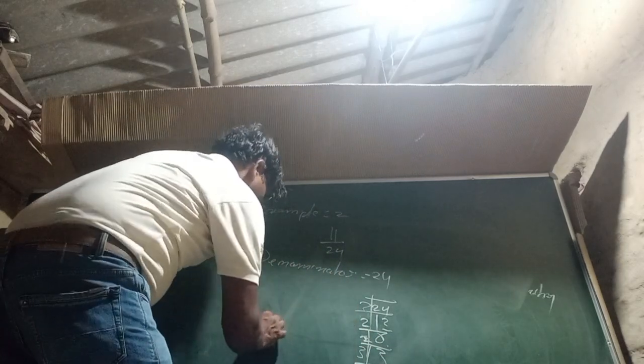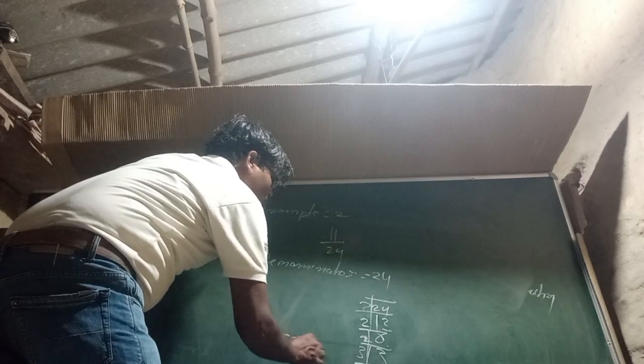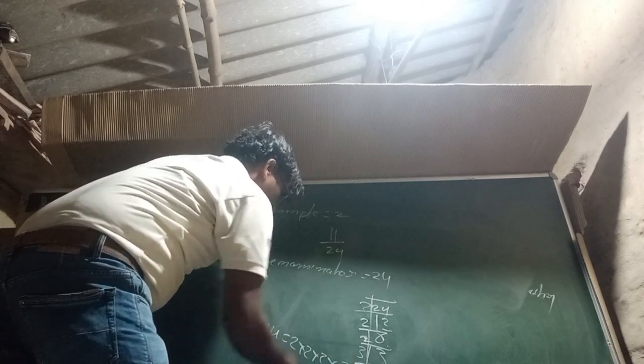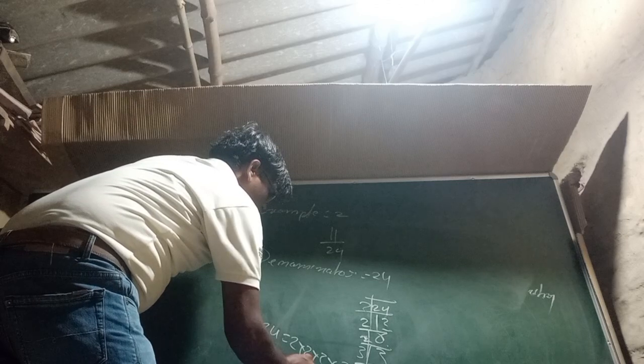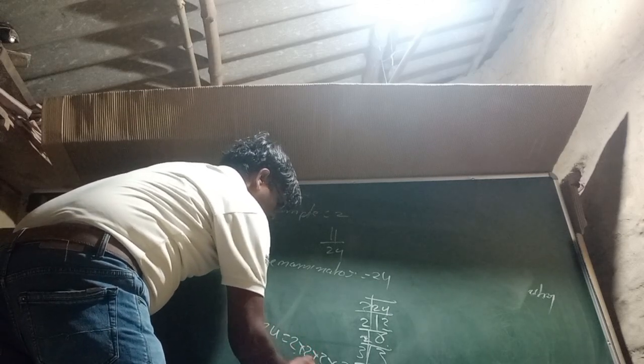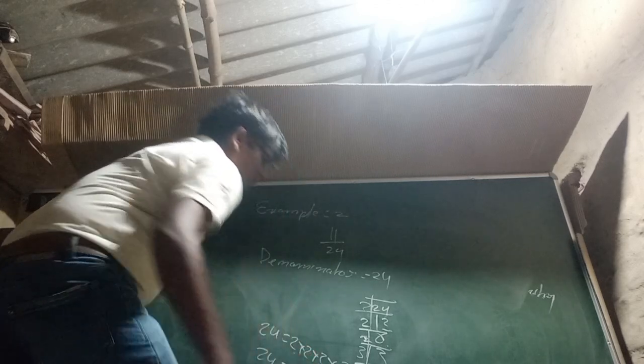So 24 is equal to 2 into 2 into 2 multiplied by 3, that is 2 to the power 3 multiplied by 3 to the power 1.